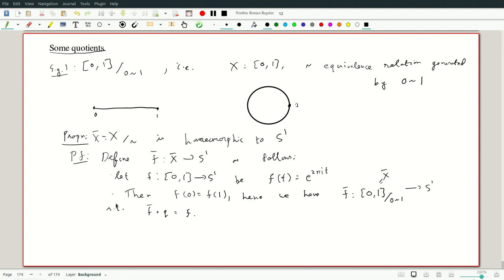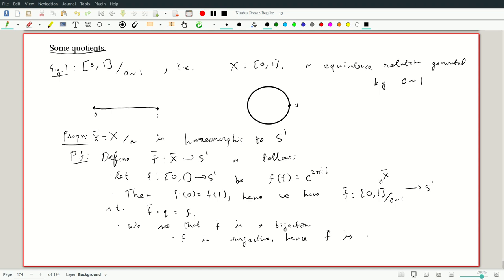Okay, now at a set level, we see that f bar is a bijection. Why is this a bijection? This is a bijection because f is surjective. You have to look at the formula. Hence f bar is surjective.